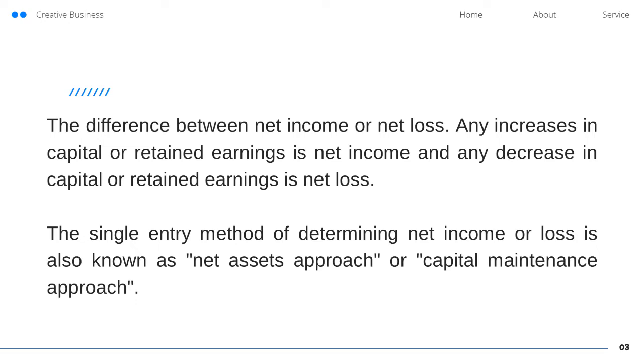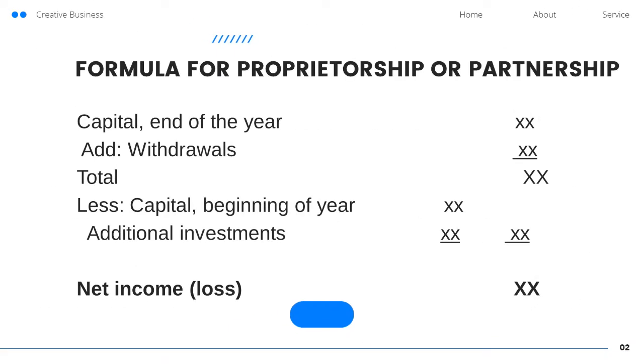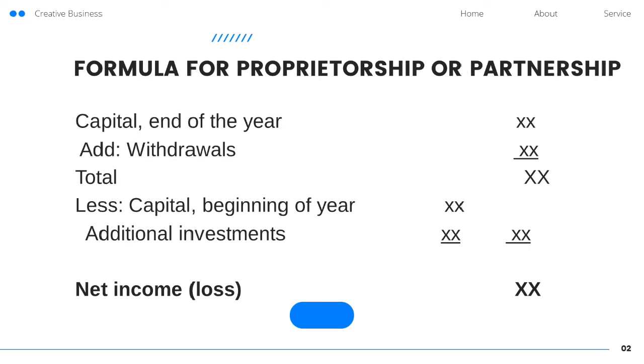Now we have here the formula for proprietorship or partnership. Capital end of the year, add withdrawals, and then we get the total. Less capital beginning of the year and additional investments, we have the net income or net loss.